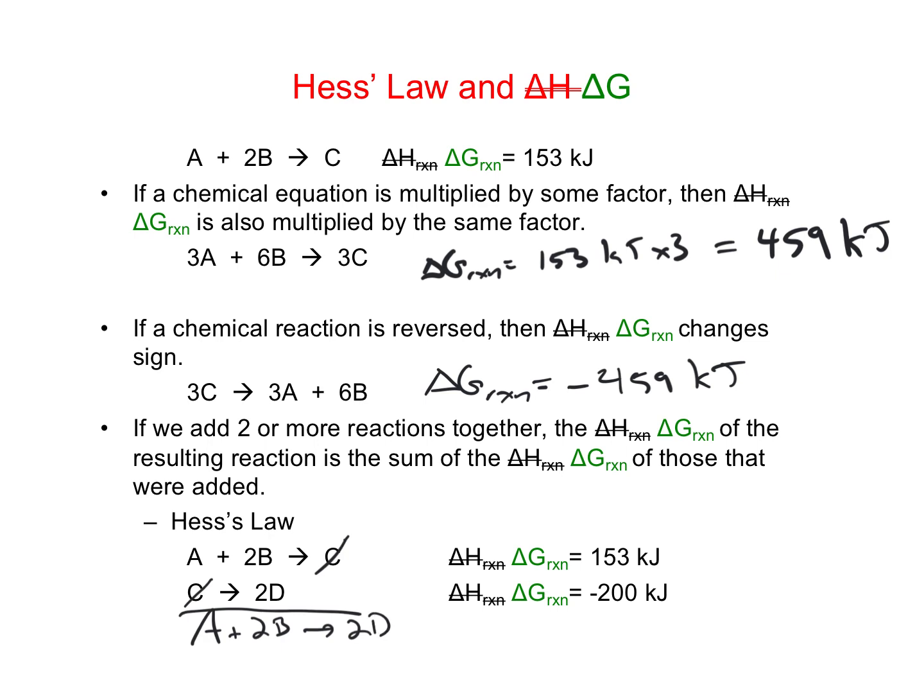And in that case, since I just added those reactions, I would add these delta G's. And so 153 plus a negative 200 is going to give me negative 47 kilojoules. All right, and as with other examples, I have more examples involving Hess's law in a separate video. So please check that out if you're interested.